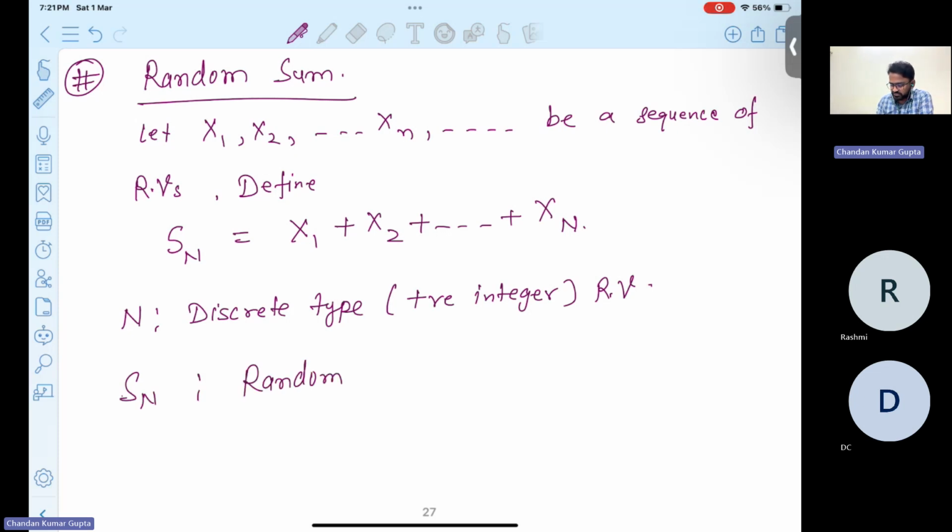That means when we have a sequence of random variables, then the sum up to any finite number of those random variables is called a random sum.